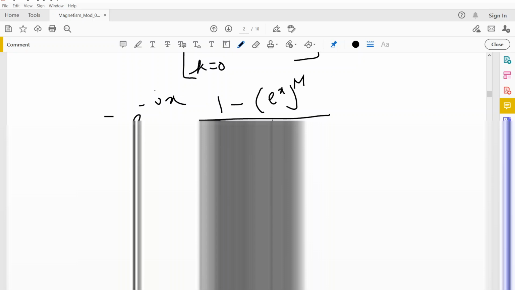And this function is known as the Brillouin function. Let me denote it by B, and you can see we have J here, right? That's a Brillouin function.